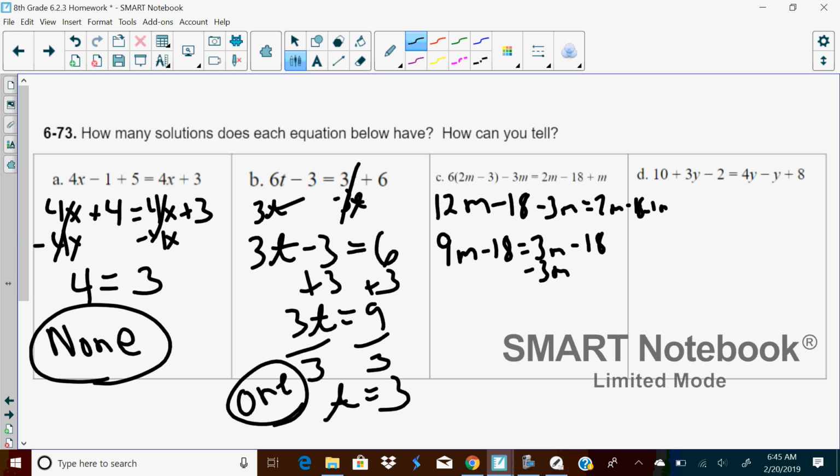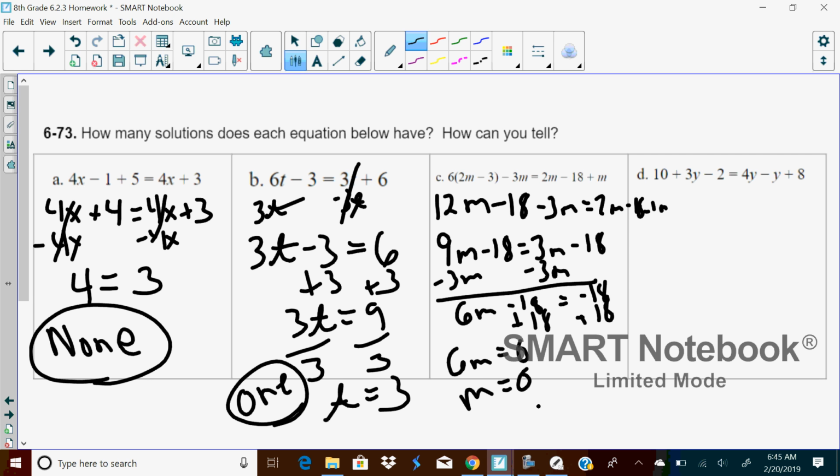Subtract 3m from both sides. So it's 6m. So I'm going to end up with 6m equals 0. So m equals 0, but that's still one solution. So you don't want to mix it up with no solution because 0 can be a solution.